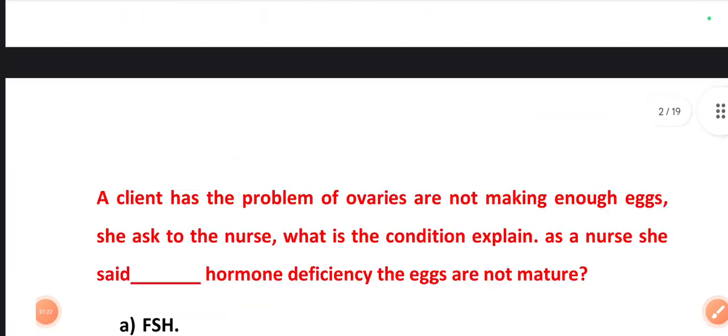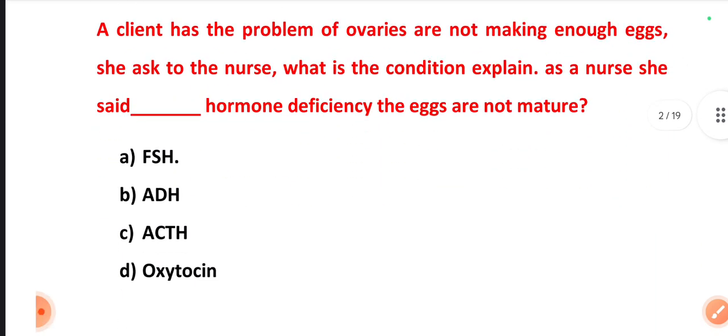The next question is, a client has a problem of ovaries not making enough eggs. She asks the nurse what the condition is and for an explanation. The client has a problem with immature eggs in the ovary. So as a nurse, she said, dash hormone deficiency, the eggs are not mature.